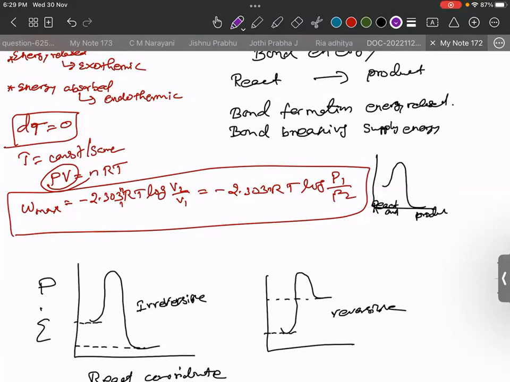It's a spontaneous one. So if you want to measure the spontaneity of a reaction, you should know enthalpy, entropy and free energy. If you know these three things, you can describe whether the reaction will go or not. Okay, this is what we are going to do.